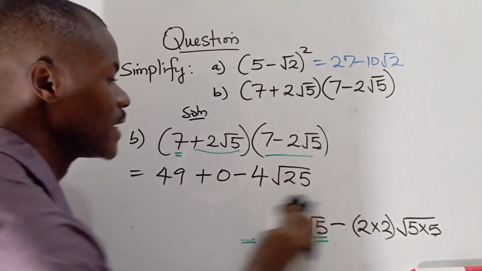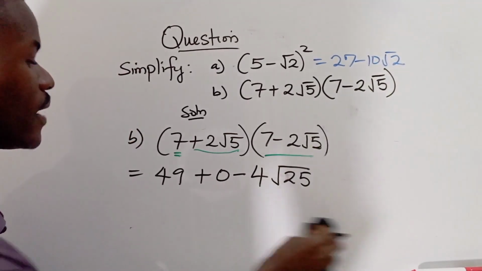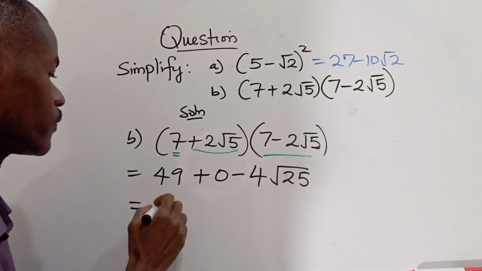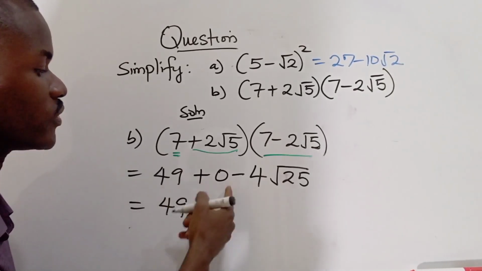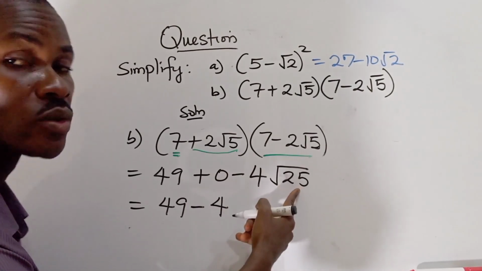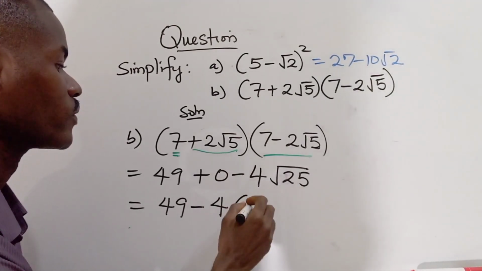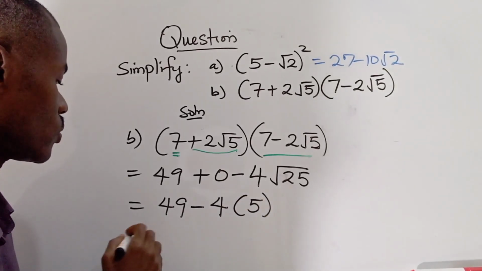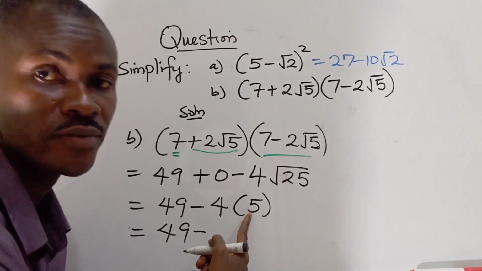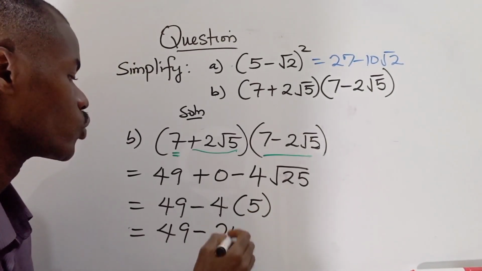What can this further give us? We have 49 plus 0, which is still 49. We have minus 4 times square root of 25, which is 5. This is going to give us 49 minus 4 times 5, which is 20.